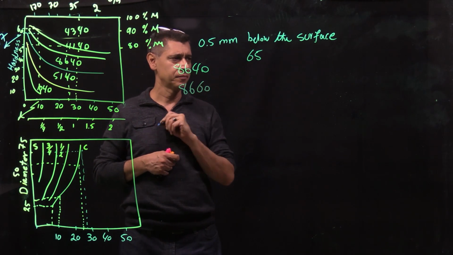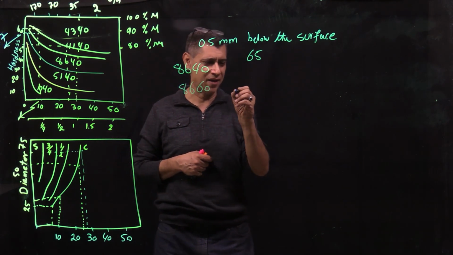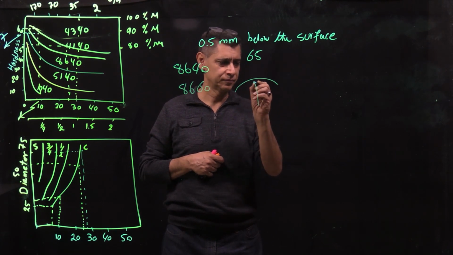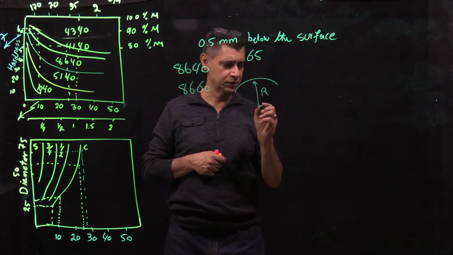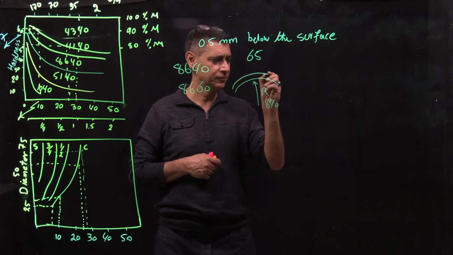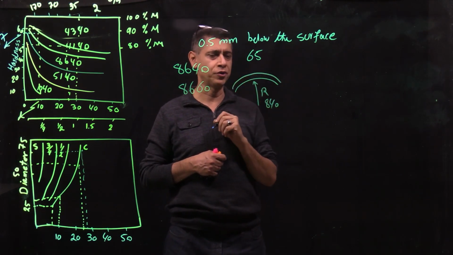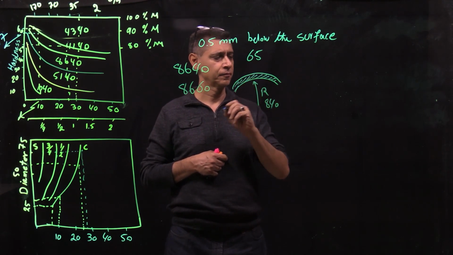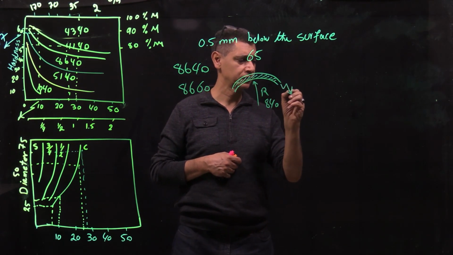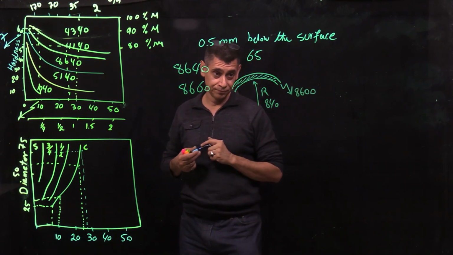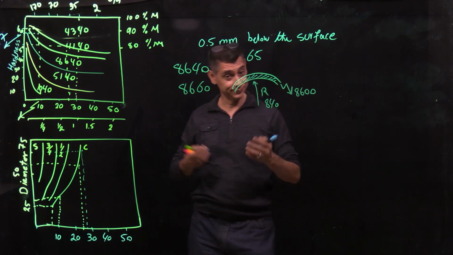So in a sense, I want to have an alloy that is 8640, but for this one, I exaggerated, which is 0.1 millimeter. I wish it was 8660. Well, your wish is granted.